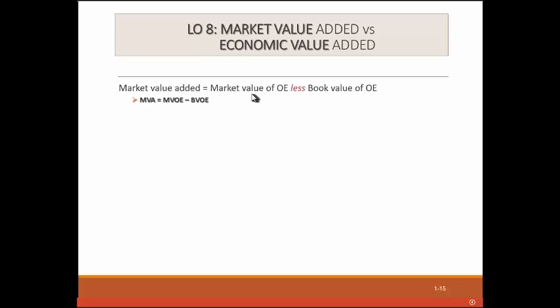So if we compare the value of those net assets determined by the stock price less the cost per share determined by what the company paid for the assets that are reported on the balance sheet, you would have this concept of market value added. That means that the company, organization, products, and market share has increased the value of its net assets to a higher amount than what it cost the company to buy those assets.